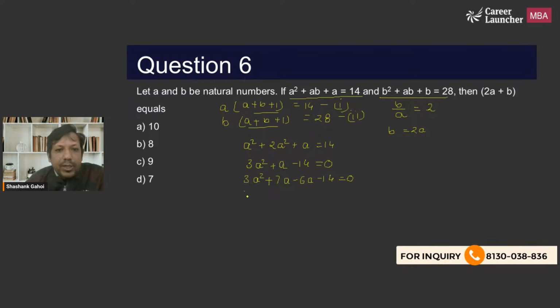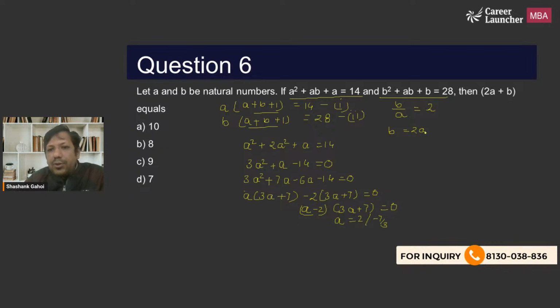So I'm going to take a common, and minus 2 common, so (a minus 2) into (3a plus 7), that's equal to 0. So a is equal to either 2 or minus 7 upon 3, right?